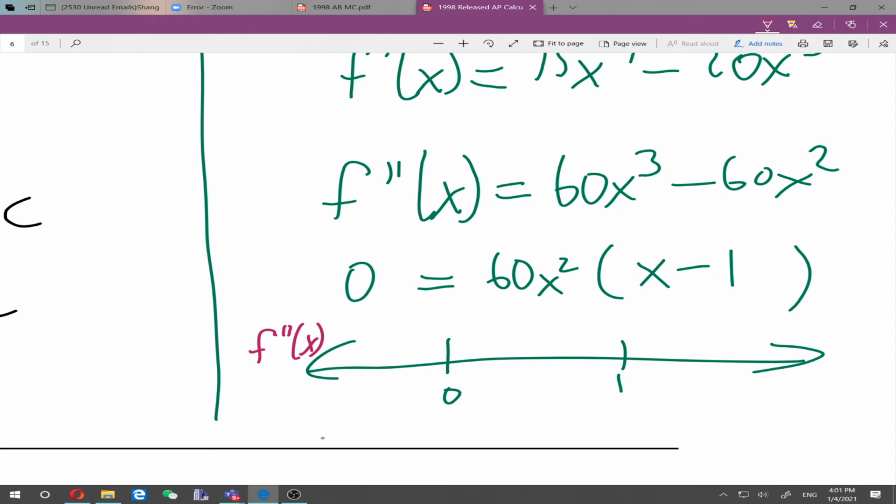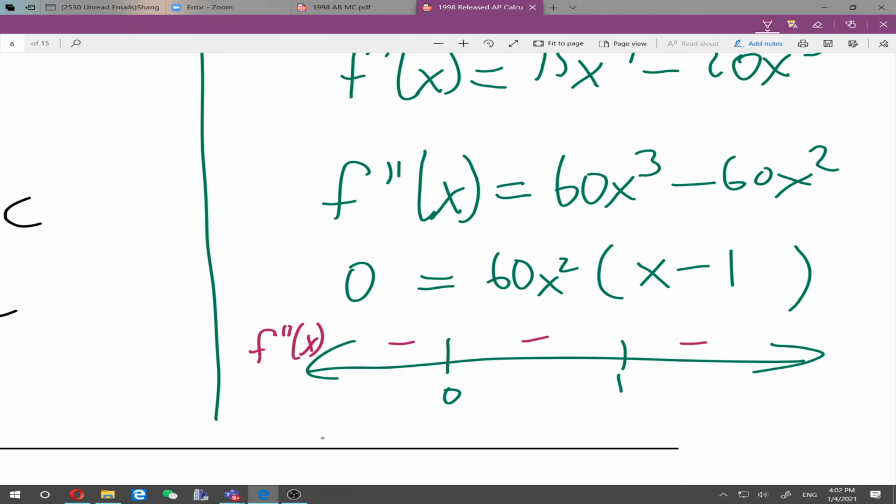So if I plug in x equals negative 1, what's my sign? Negative. If I plug in x equals 1/2, what's my sign? Negative. Still negative. Weird, right? Usually it changes, but for this one not. If I plug in x equals 3/2, what happens?